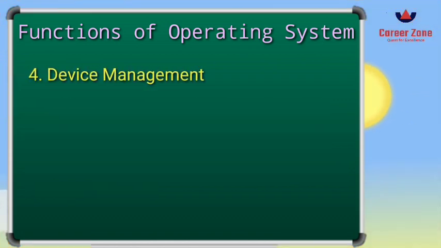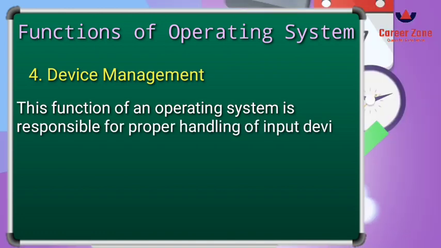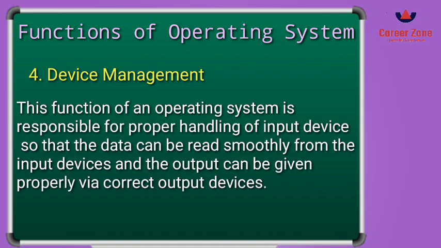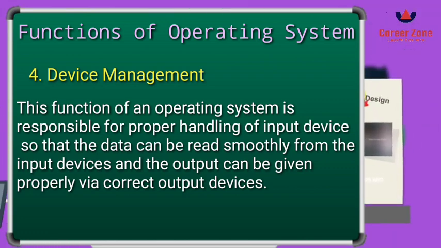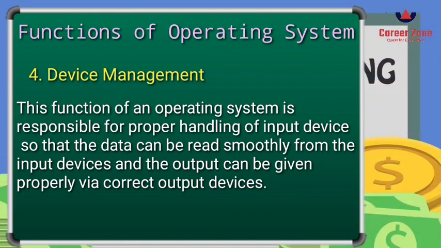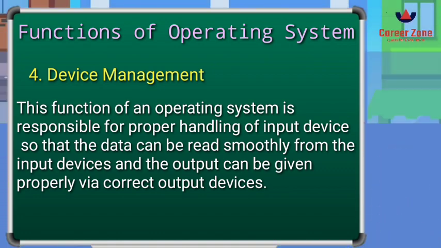So that is the task of the OS. The fourth function is device management. In device management, the operating system is responsible for handling the different input and output devices so that information can be easily read from the input device and the output is given properly with the help of the output device.